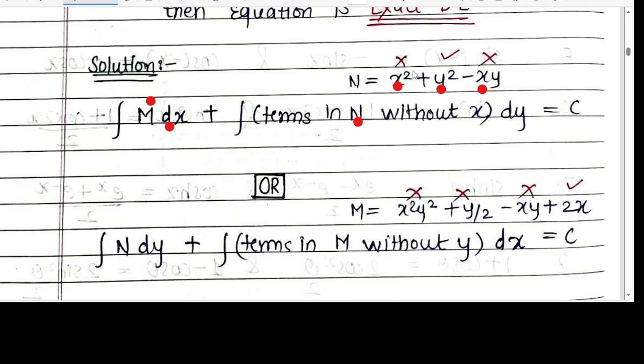So only y square will come here. And most important, the RHS must be an arbitrary constant, so we have to write C. So the formula is integrate M dx plus second term is integrate terms in N free from x or without x with respect to y is equal to C.